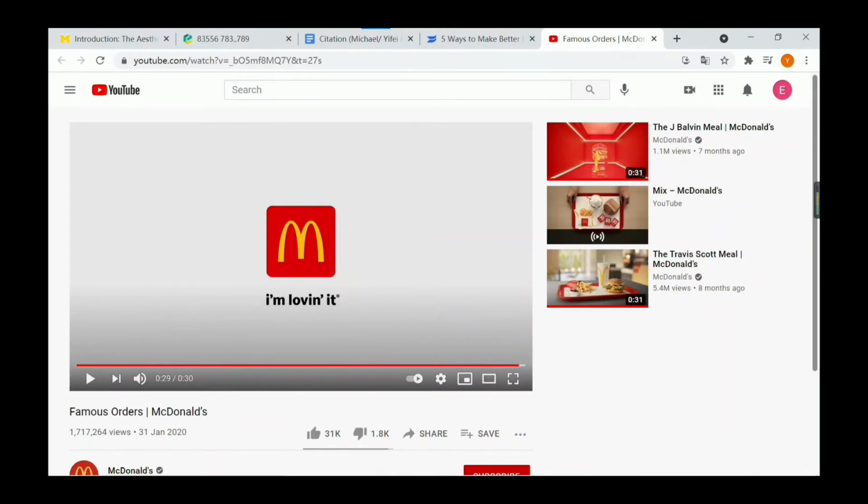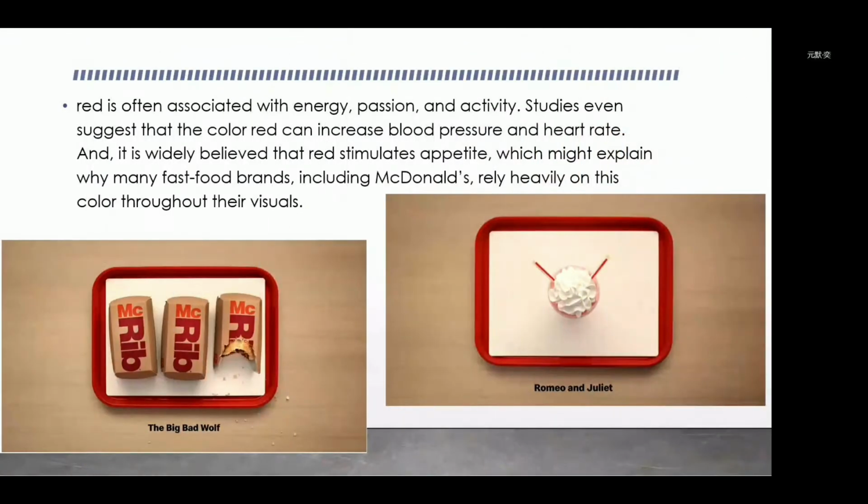What we just saw was a Mendelux advertisement, and we could find that Mendelux used plenty of bright red in this advertisement. Why does he do this? According to psychological study, red is often associated with energy, passion, and activity.